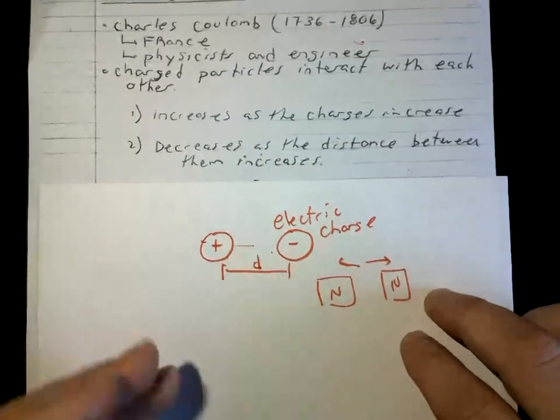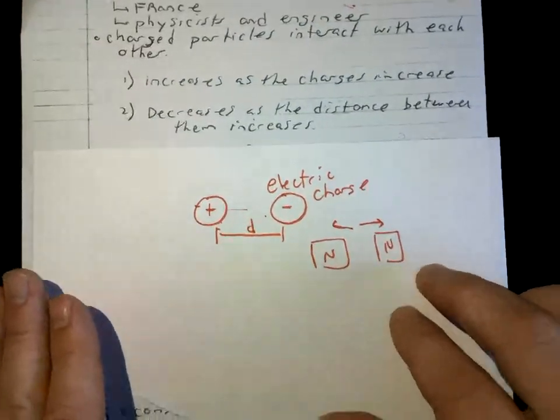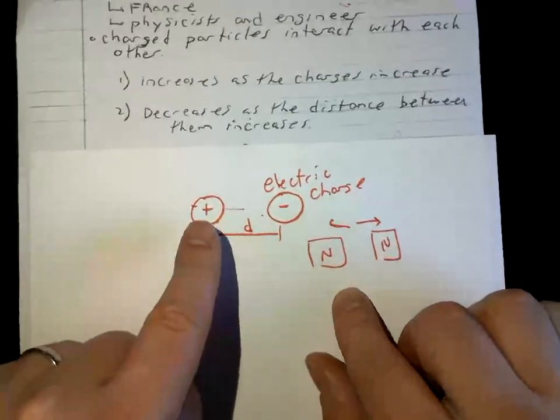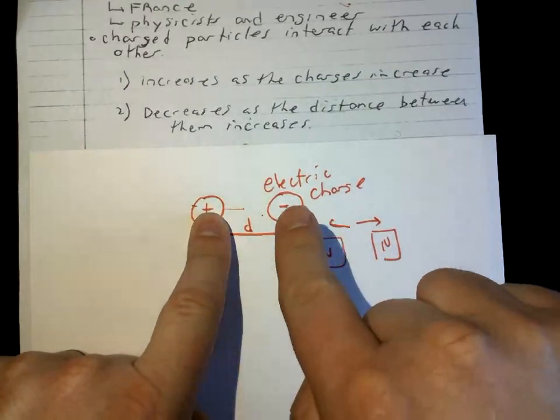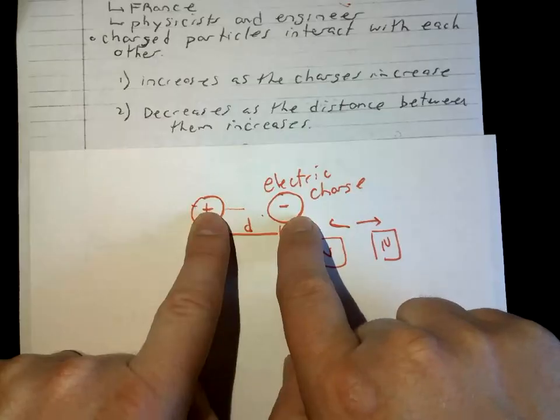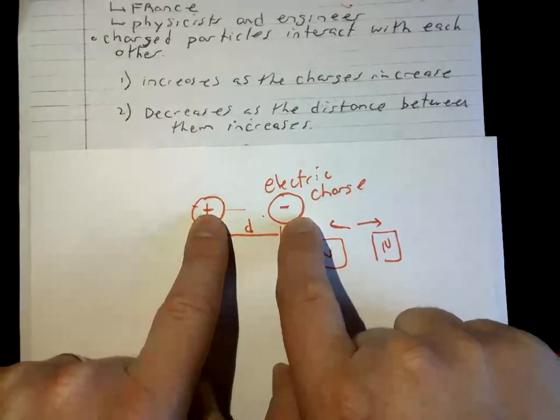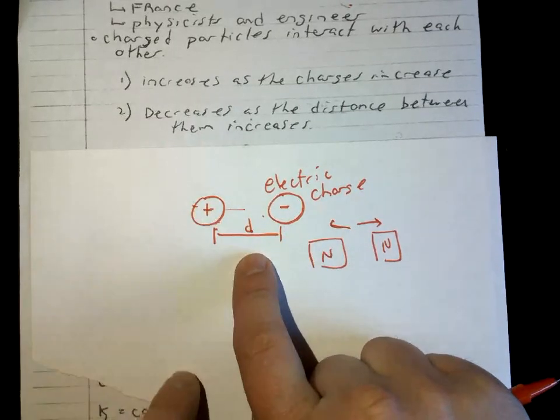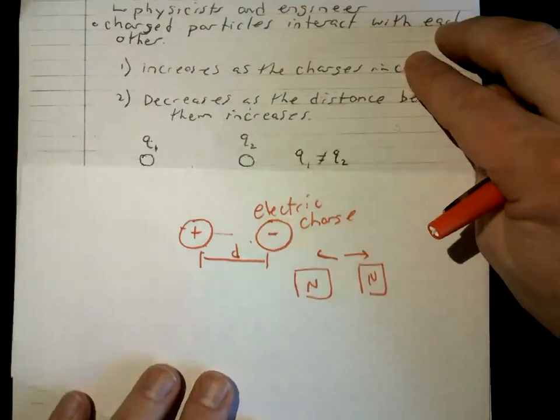As you do the homework, you're going to figure out what's going on when you have a charge on this one versus a charge on this one. Are they going to repel or attract? You're also going to look at the distance between them.